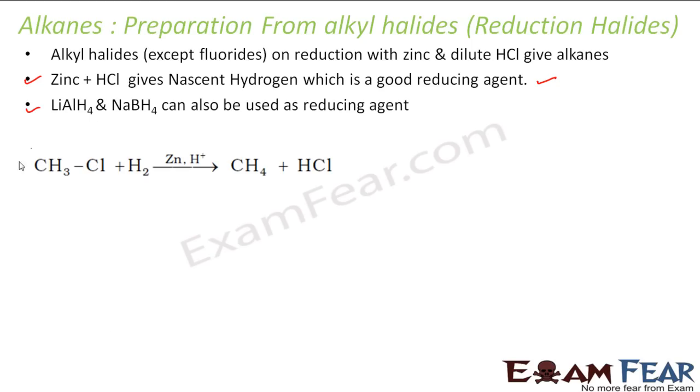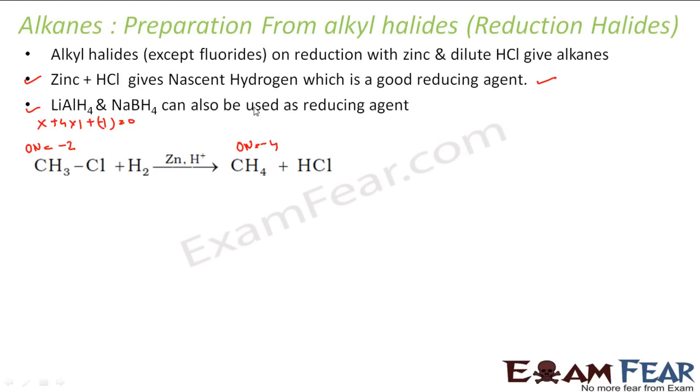This is the reaction we have. Here in CH3Cl, the oxidation number of carbon is -2, and the oxidation number of carbon here is -4. Correct? If you assume carbon as X, plus 4 into hydrogen, that is 4 into 1, plus 1 into chlorine, that is -1, this has to be 0.